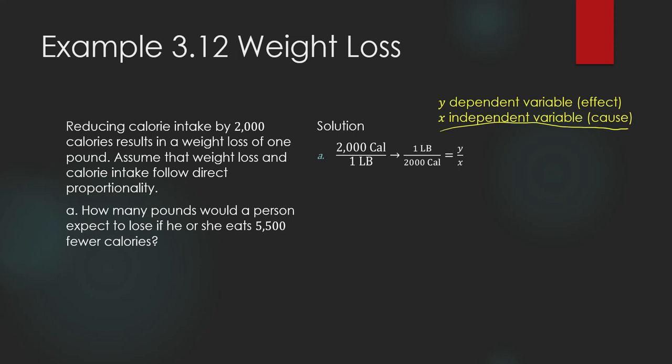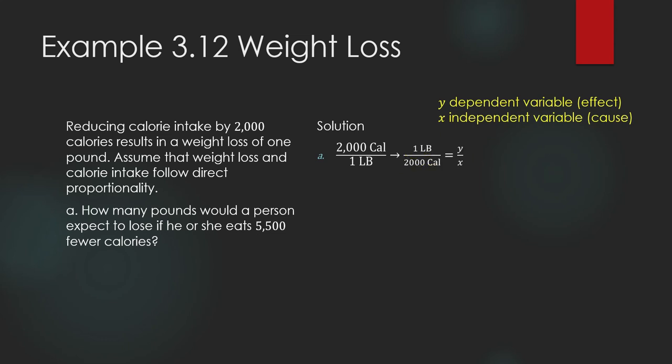Weight loss and calories. So what you will do is you will consider y to be your dependent variable. It is the effect. And in this case, the weight loss of 1 pound is the effect caused by reducing your diet by 2,000 calories.